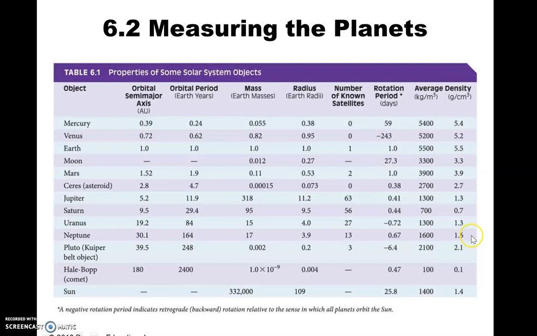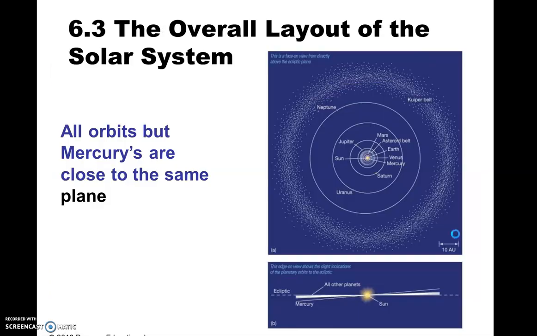Uranus and Neptune are right around 1 as well. So again, the densities of these Jovian worlds, the 4 outer planets, are closer to the density of liquid water, but they're much larger. Like, these are much more massive objects. All right, so those are some of the measurements that we've taken on these things.